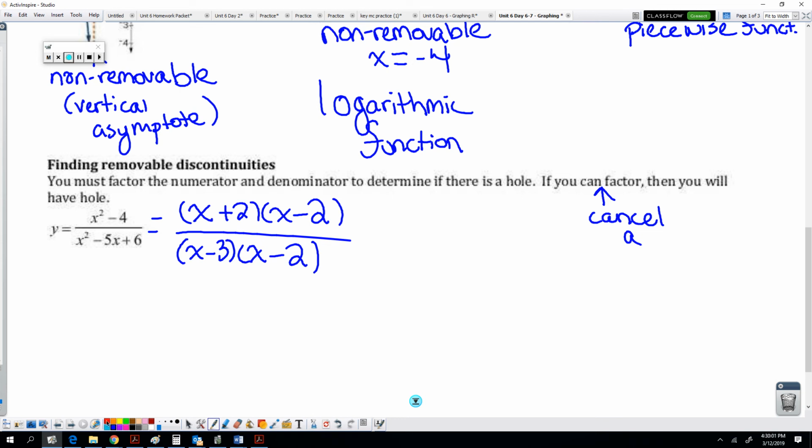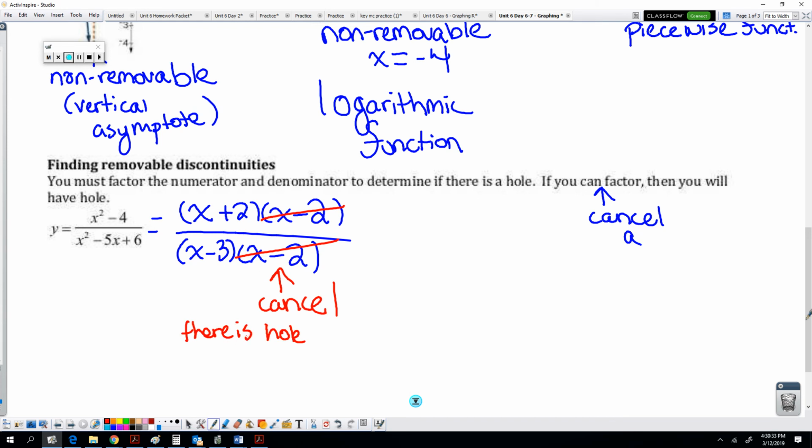Just because you can factor does not necessarily mean there's going to be a hole. So please make sure you make that change on your paper. Thank you. Alright, so we factored, and now we can cancel. If you notice, I can cancel this out and this out. Since you can cancel, we just found out that we have a removable discontinuity. So there is a hole.